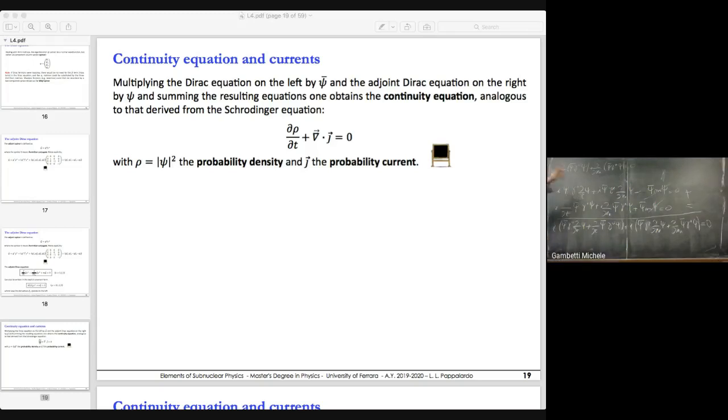Okay, you can check yourself by doing the derivatives. Now, this is the probability density. Let's call it rho. And the second term, with the gamma^k matrix, so with the spatial component, is the vector current, and this is the probability current.